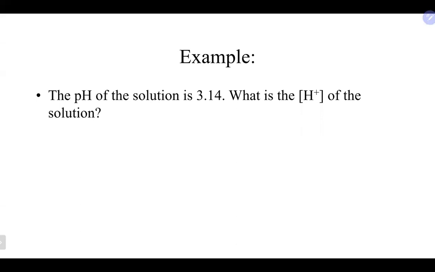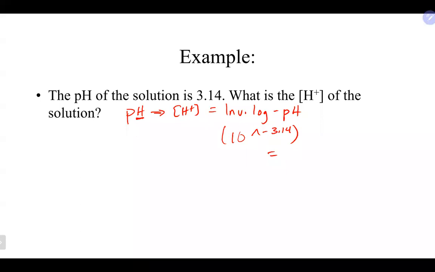All right. So on this one here, we have the pH. Remember, from the pH, we can directly get our H plus concentration, as it basically tells us that. And once again, this would be the inverse log of the negative pH. So punching that in, we will end up with, in this case, not that, let's try that again.